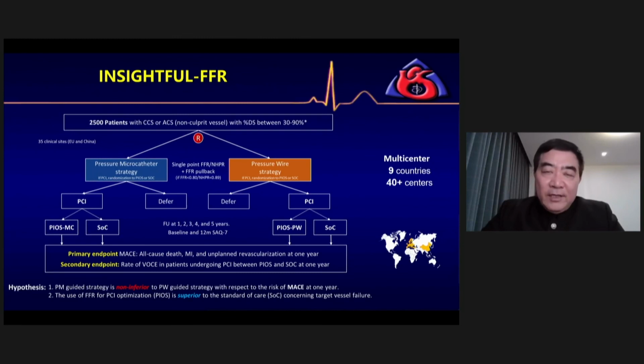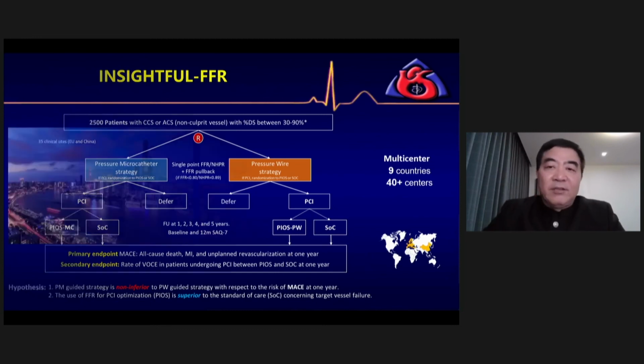We hope in the future more and more operators will be convinced to use this for the guidance of coronary intervention. Thank you very much. This is the current status in China.